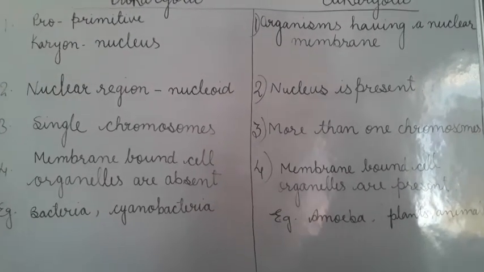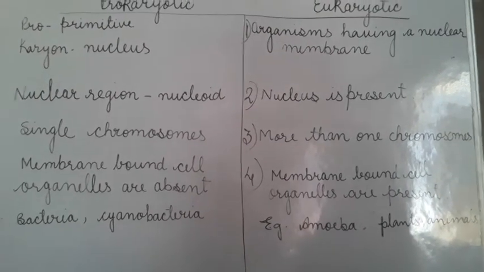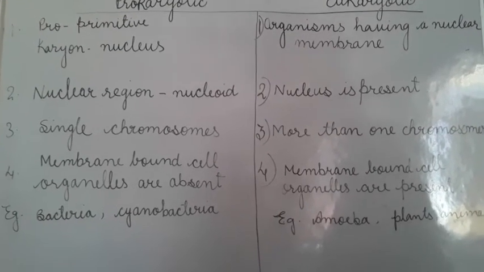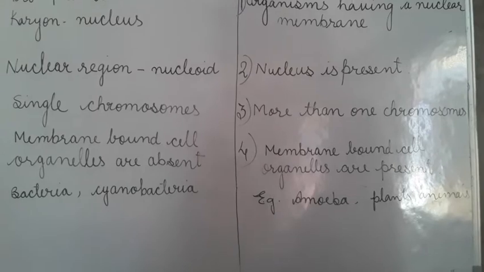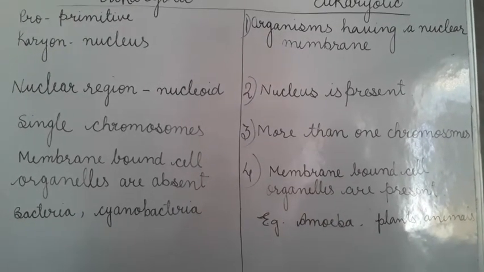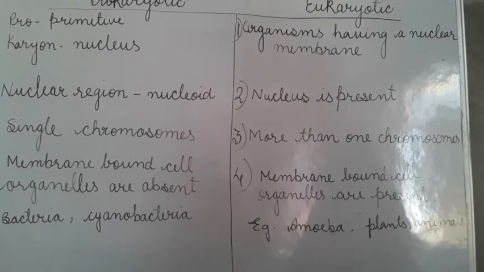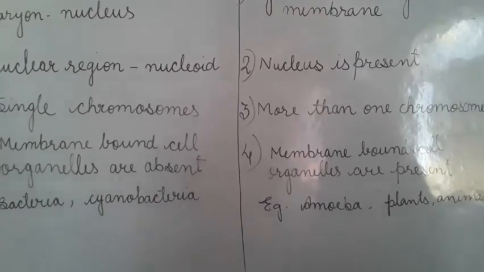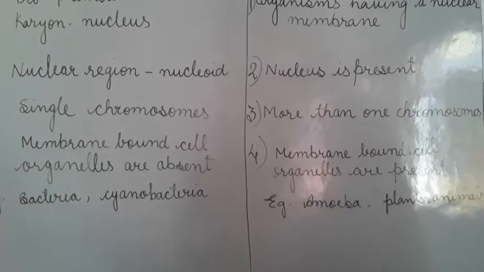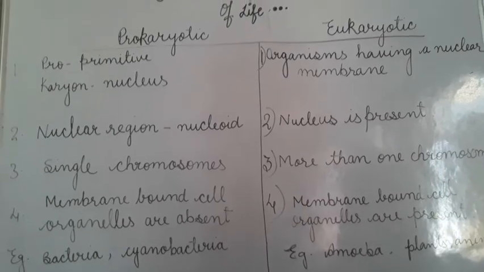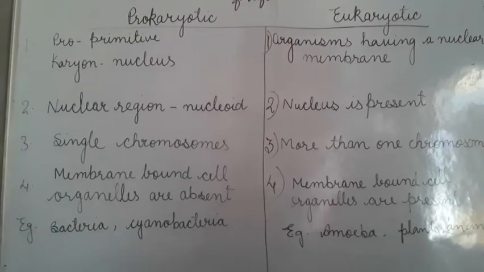Bacteria and cyanobacteria, which we also call blue-green algae. Eukaryotic cells include amoeba, paramecium and euglena, all protozoans. And all multicellular plants and animals have eukaryotic cells. So this is the difference between prokaryotic and eukaryotic cells.